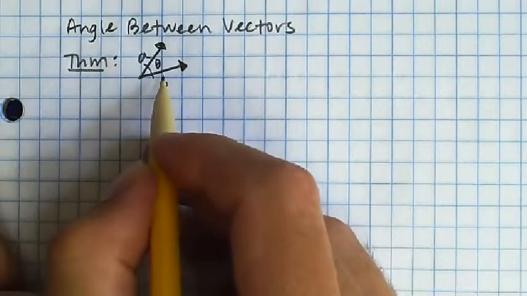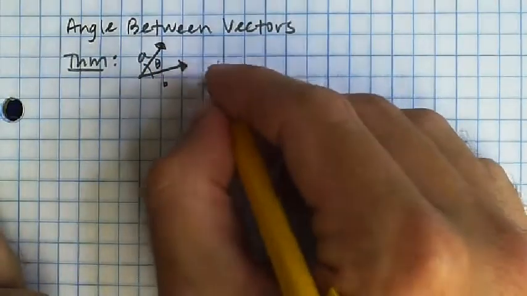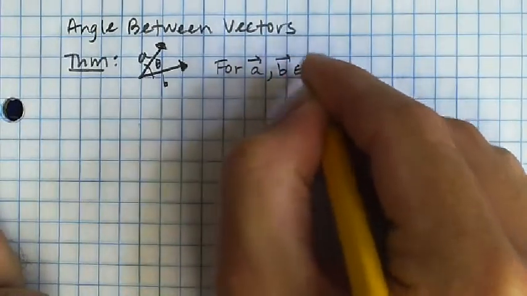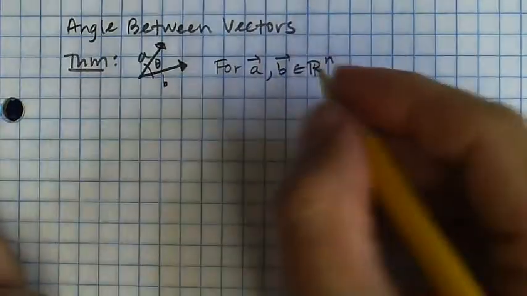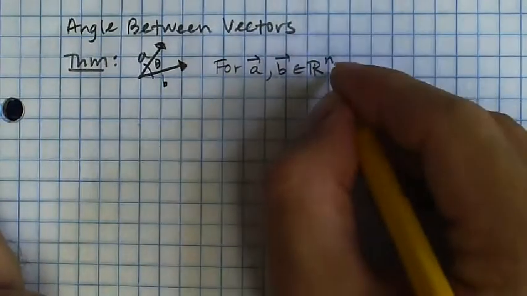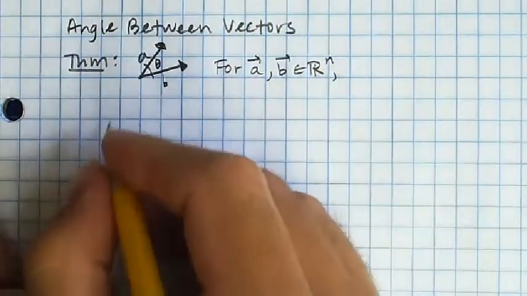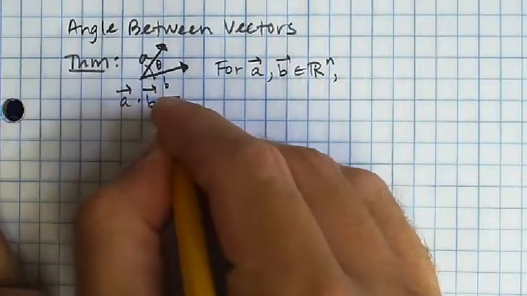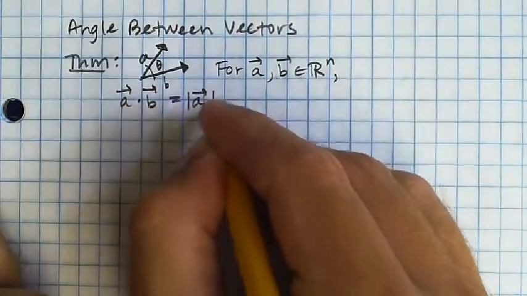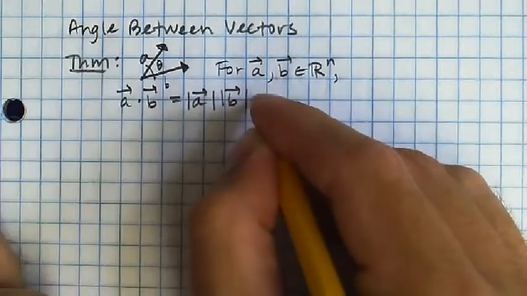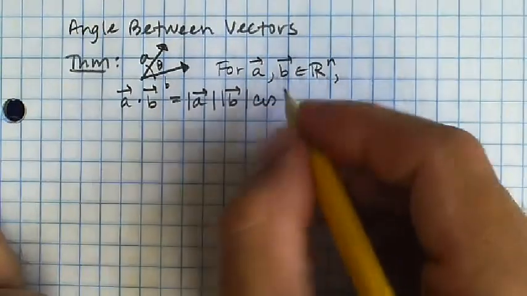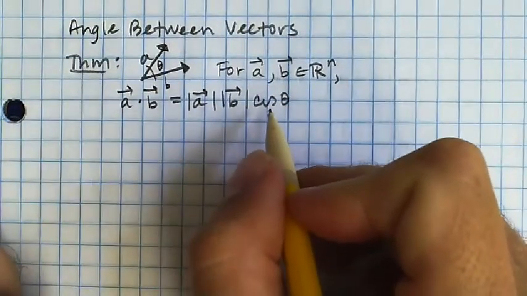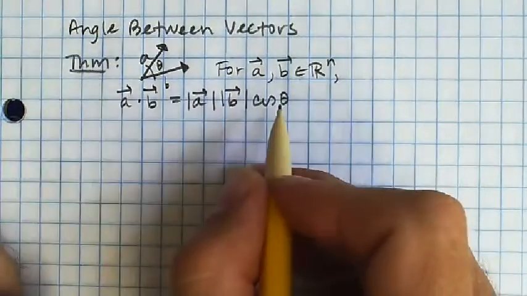There's a property that for A and B both being n-dimensional vectors, it will always be the case that A dotted with B, their dot product, is equal to the length of A times the length of B times the cosine of the angle in between them. So times cosine theta.